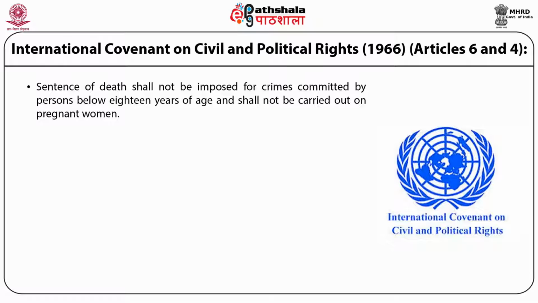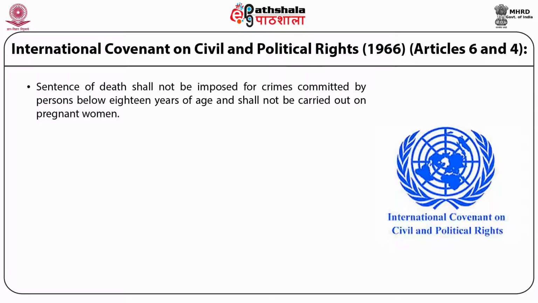This was according to the Juvenile Justice Act in India. The Juvenile Justice Act in India is in consonance with the ICCPR because anyone under 18 years of age cannot be sentenced to death. Similarly, the ICCPR also protects pregnant women from being executed.